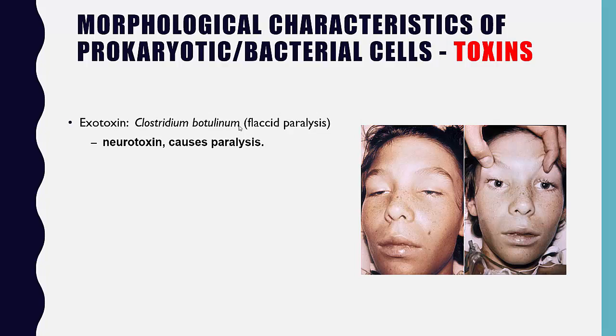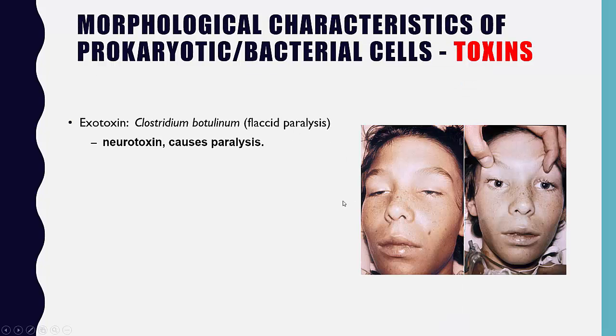It's like the outer muscles aren't getting nerve signals. And that is true. It turns out that Clostridium botulinum, which is a gram-positive bacillus, releases an exotoxin that attaches to neurons, but the peripheral neurons, the neuromuscular peripheral neurons. So it's a neurotoxin, and it will cause paralysis, a flaccid paralysis.